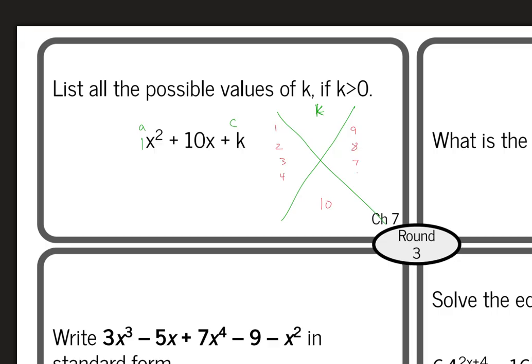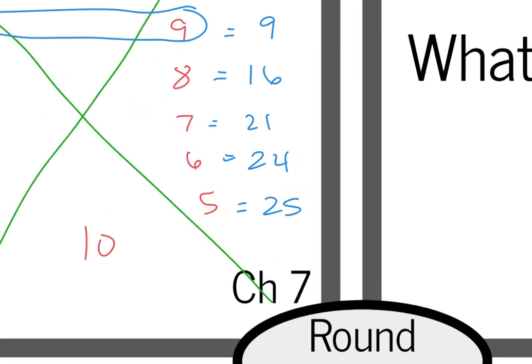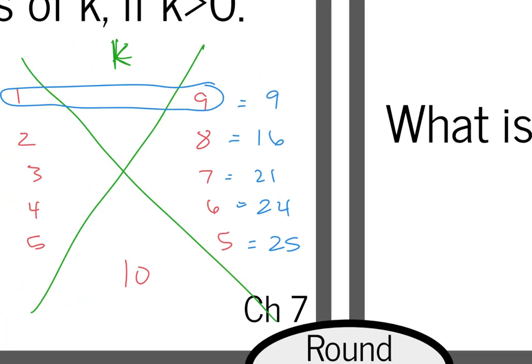Well, there's only so many. In fact, this is it. So imagine that these were factors. Well, then that would be 9, because 1 times 9, and 2 times 8, and 3 times 7, and 4 times 6, and 5 times 5. So your answers for the possibilities of k are these answers right here.